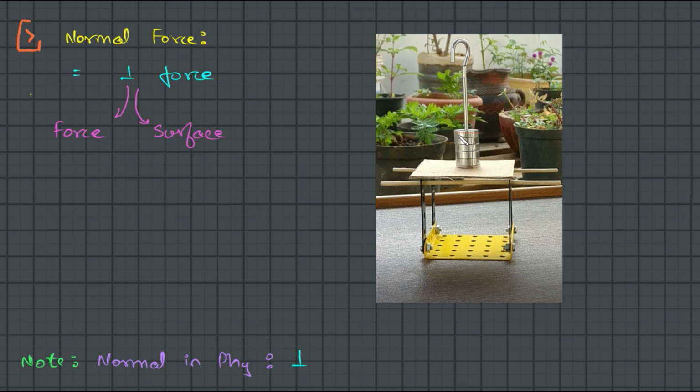If this is the object under consideration, then this will be the surface that we're talking about. This surface is acting upward to keep the object from falling. So this is an example of normal force.